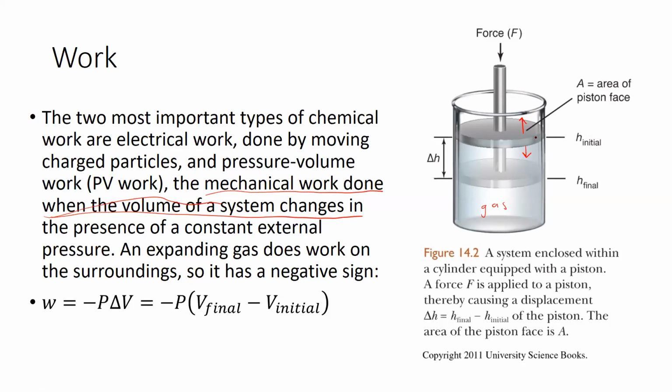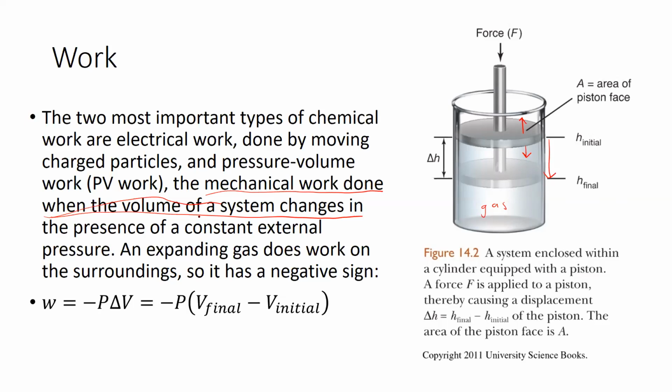This is an example of a flexible container. If a gas does work on the surroundings, the piston is going to move up. But if the surroundings do work on the gas inside the container, the volume of the gas is going to decrease.